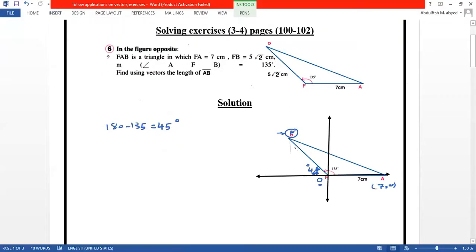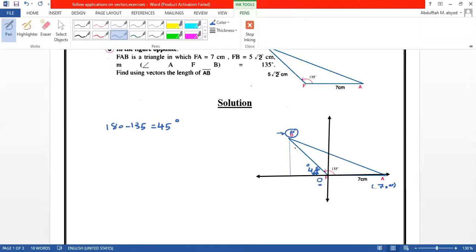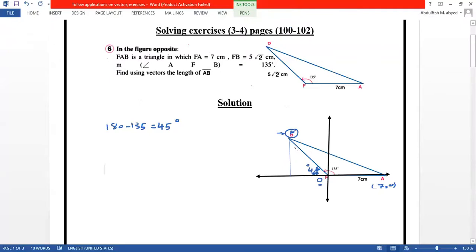Also, I will complete this triangle. Leave this point, for example, C. So this triangle BCF is right at C. So this angle is 90.